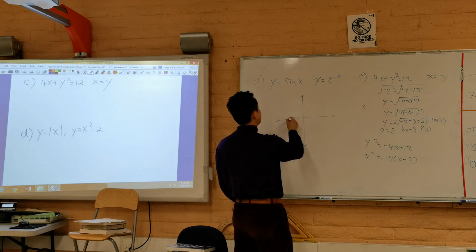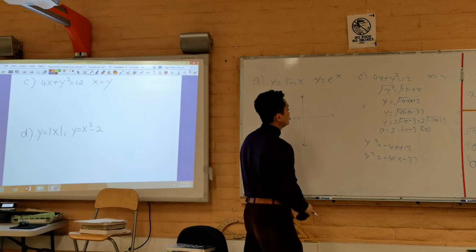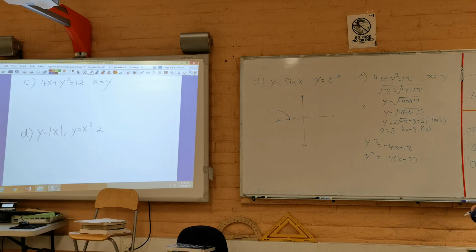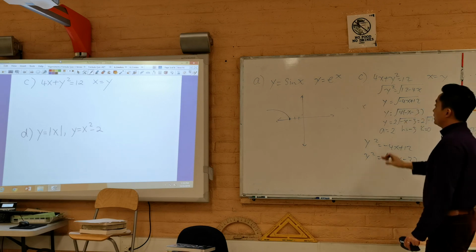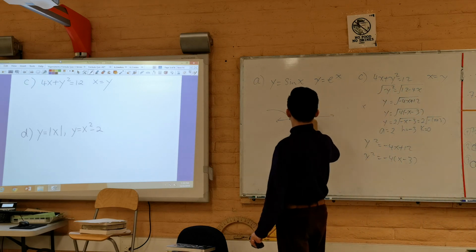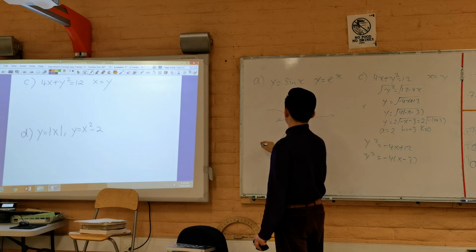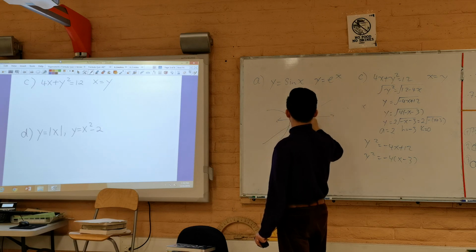But the thing is that's a half sideways parabola. So that means going this way. Another thing that you want to put in here is x equals y, which is the line. So x equals y, so that would be the line right here.